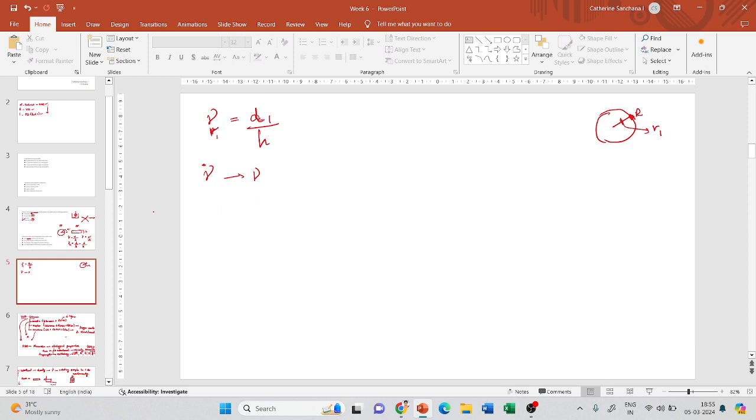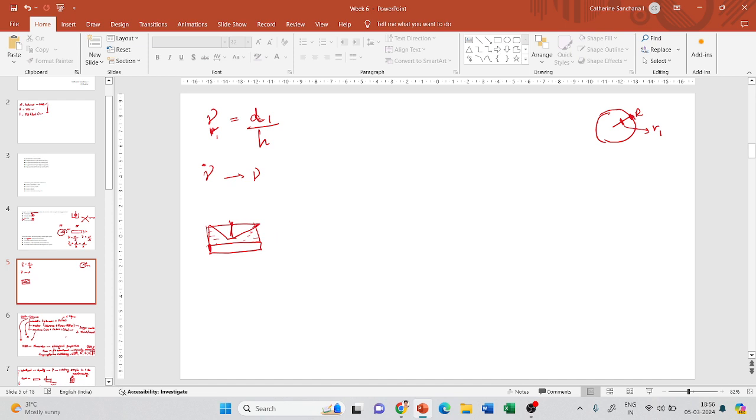Now what will happen in the case of a cone and plate? Let us take a cone and plate geometry. If you see here, this is the height, this is the sample, and the height varies with the radius.